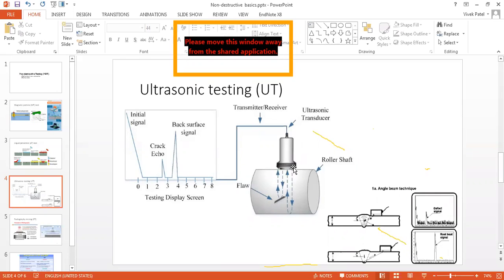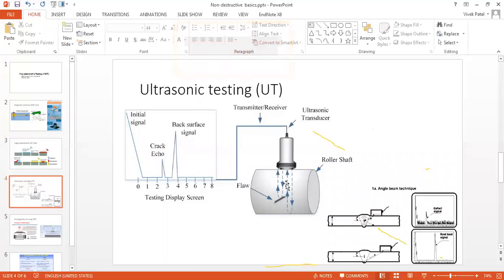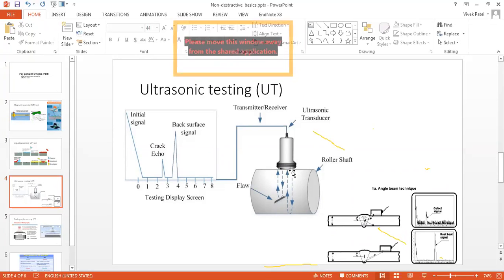Here, the transmitter will transmit the sound waves, and these waves will be transmitted throughout the cross-section, and then they will reflect back and be received by the receiver of the transducer. You can see this is starting from this surface throughout the section at the bottom.